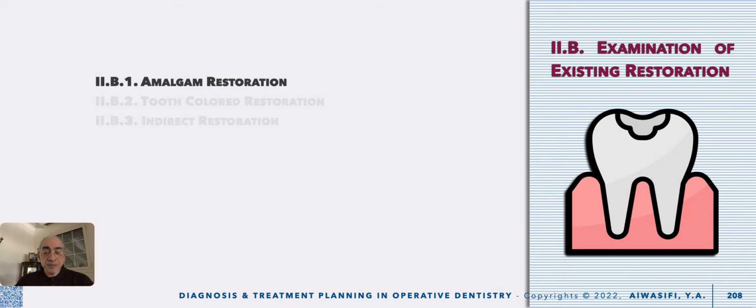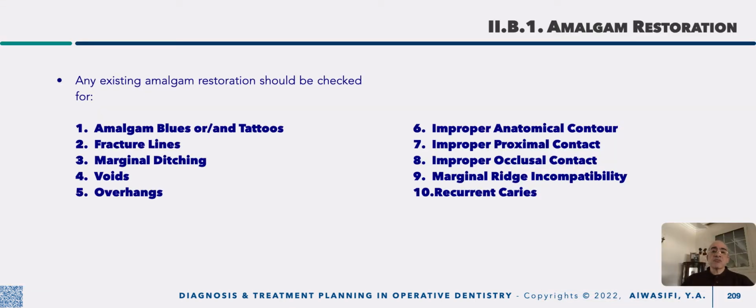Amalgam restoration should be examined for 10 issues or problems that may arise, and you may clinically find one or two of these, especially in amalgams made by manual techniques of manipulation, especially proportioning and manual trituration, where we could expect excessive residual mercury in the final amalgam restoration.